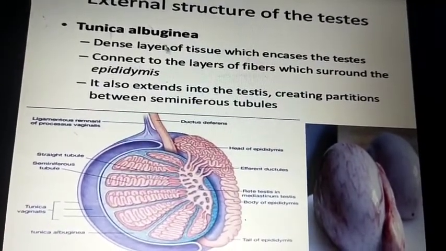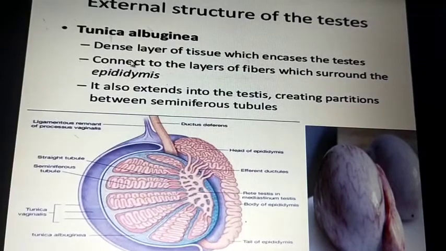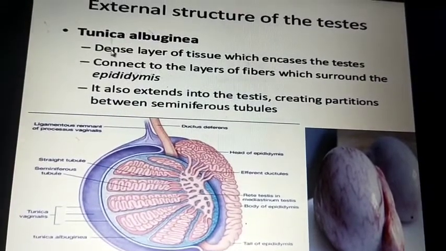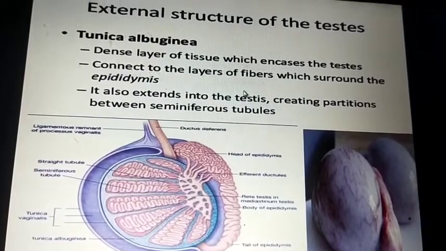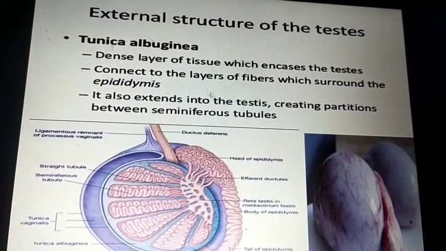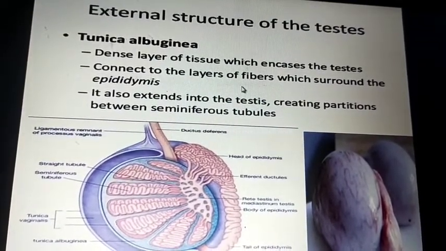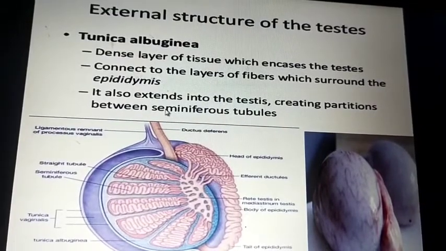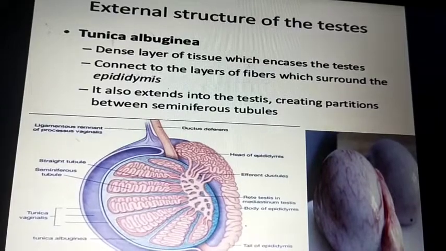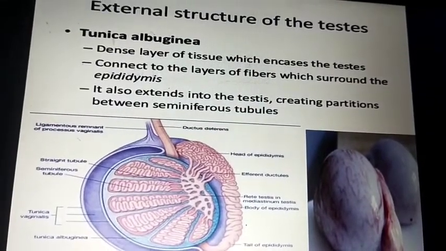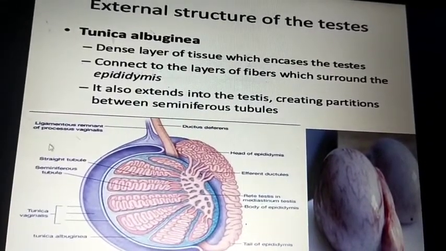The tunica albuginea is the middle layer of the testis. It is a dense layer of tissue which encases the testis and connects to the layers of fibers which surround the epididymis also. It also extends into the testis, creating partitions between the seminiferous tubules.